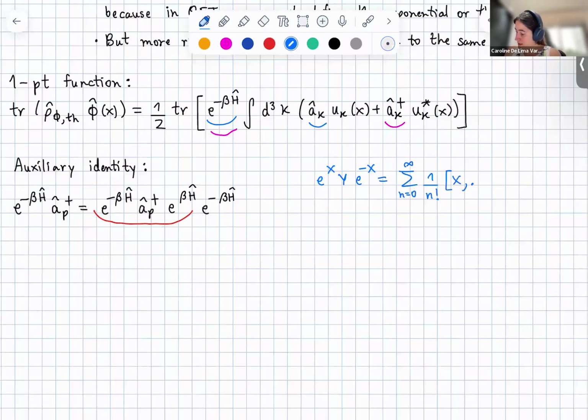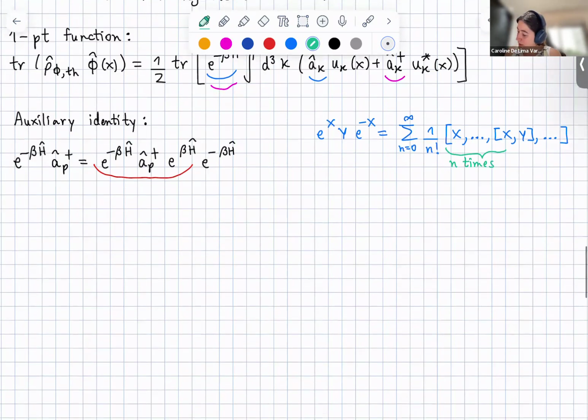So we're going to have x with x with x with x with x and y, and again continue all the way. So here we have n of these nested commutators, and the definition is that the zeroth order term is simply y.